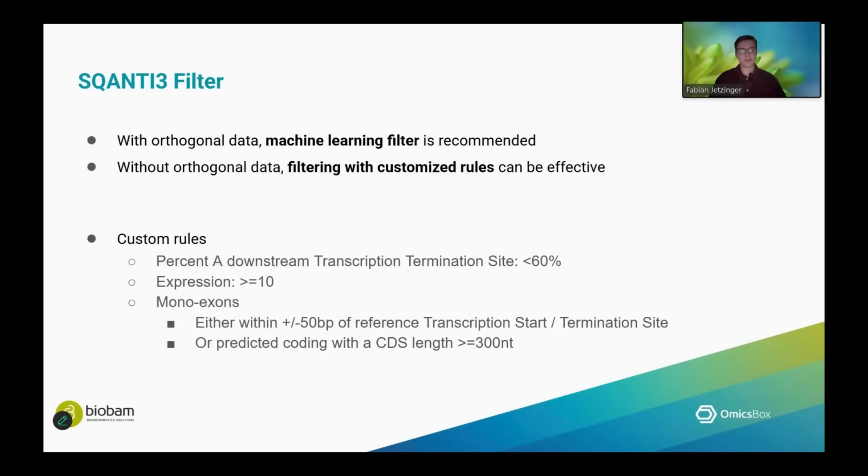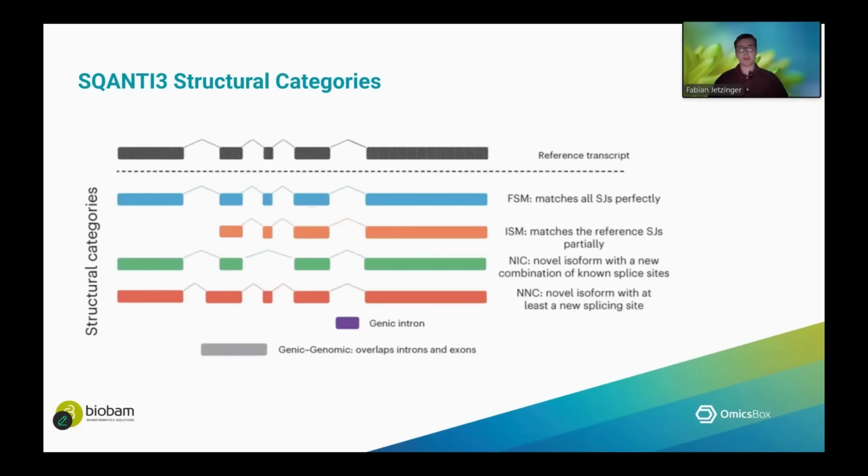So basically, the monoexon has to closely match a reference monoexon, or if it does not match a reference, it has to be predicted to be protein coding with a coding sequence length of at least 300 nucleotides. Now, once we have conducted our scanty-free analysis, we have to first understand the scanty-free structural categories, which, if you're not already familiar with them, I will take a short moment to explain.